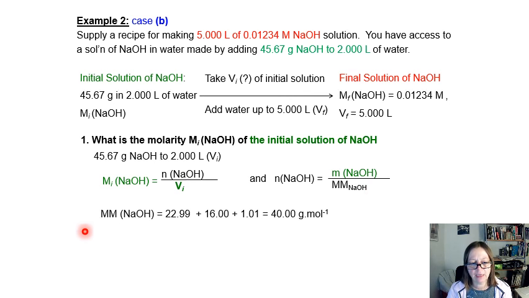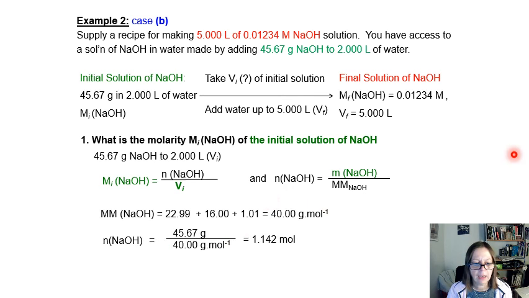In an exam setting, you have to go and calculate the molar mass of sodium hydroxide using the atomic masses given on the periodic table data sheet. So it's going to be 22.99 plus 16, it's oxygen, plus 1.01 is hydrogen, 40 grams per mole.